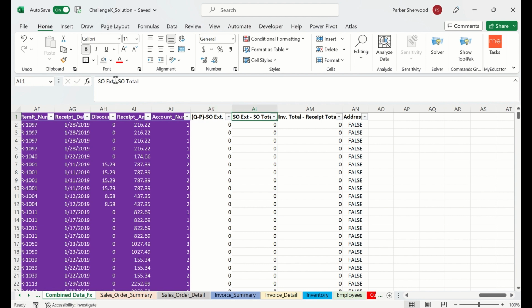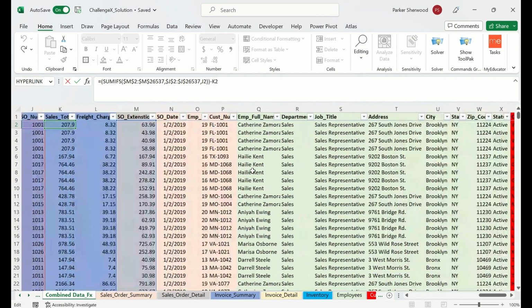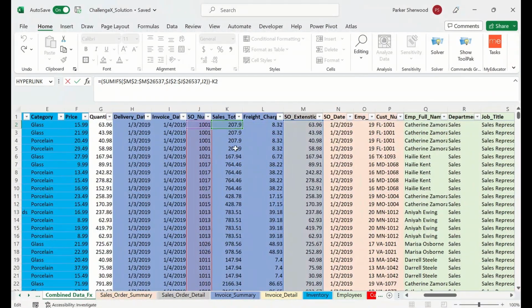The sales order extension minus sales order total will find any differences between the sales order and the invoice total. Despite the name, this sales order total is in column K2, and that is part of the invoice summary sheet.